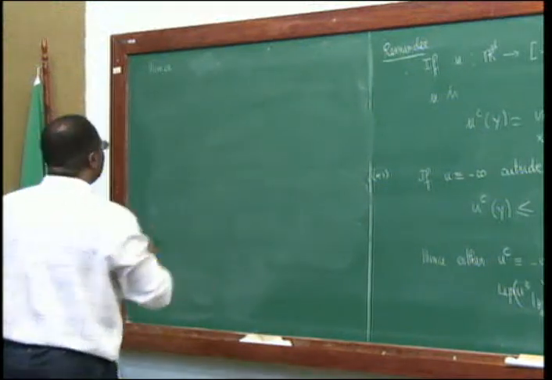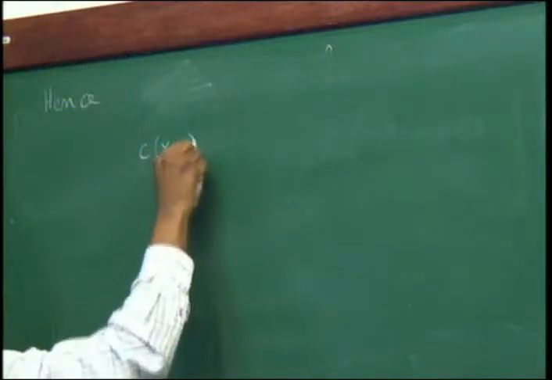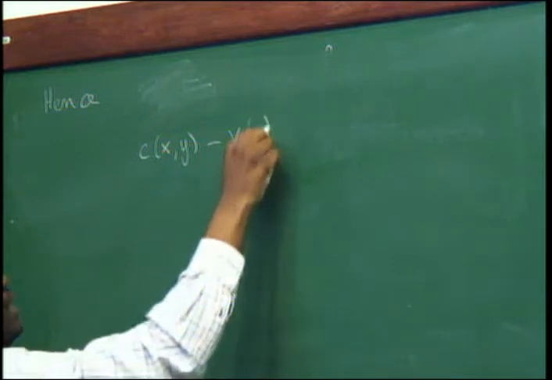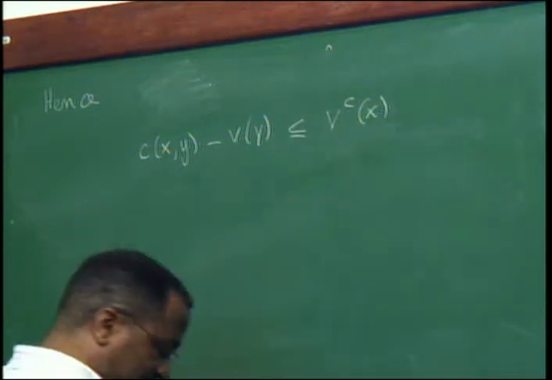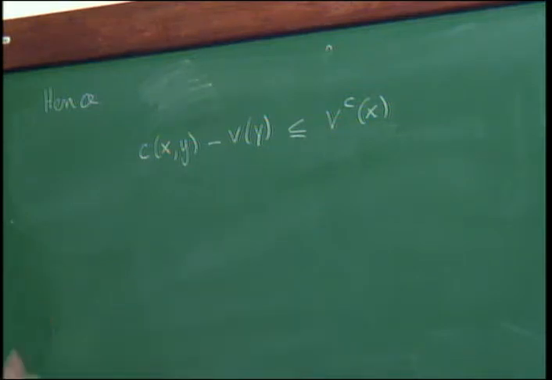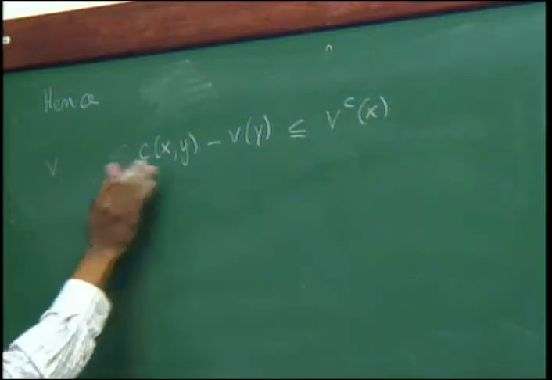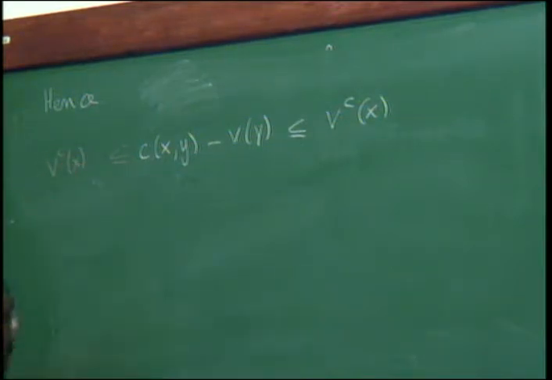I have C of x, y minus V of y is less than Vc of x. But by definition, this is always greater than or equal to Vc of x.